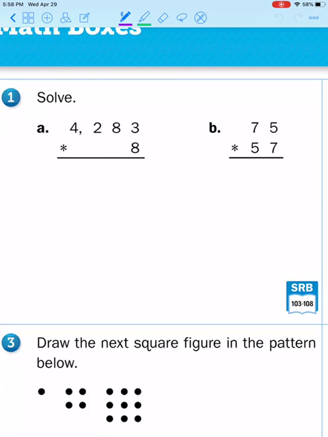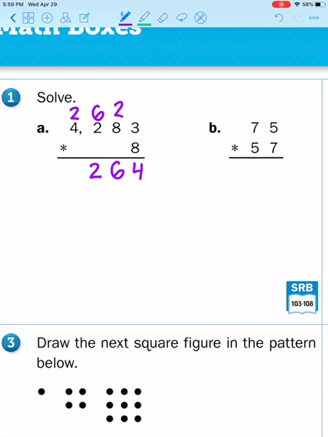4,283 times 8. How are we going to solve this? So you're going to start with the ones place. 8 times 3, which is 24. 8 times 8, which is 64, plus 2 is 66. 8 times 2, which is 16, plus 6 is 22.